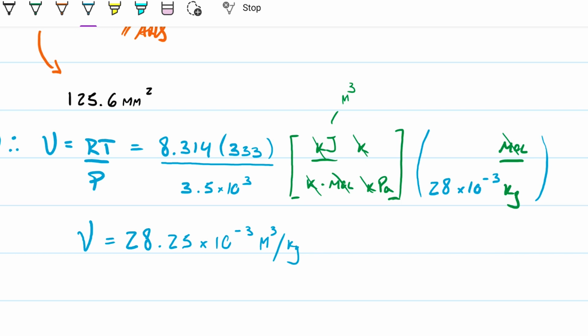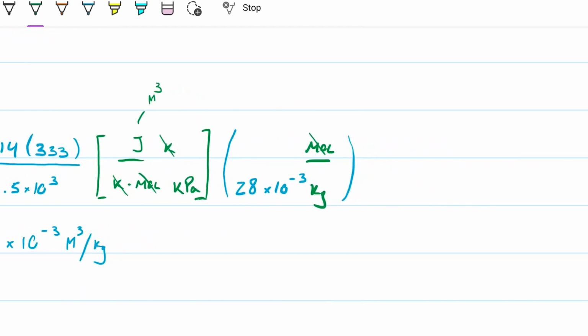What else do we need here? My mistake. This 8.3, that's joules, not kilojoules. That's joules per Kelvin per mole. So we still have that kilo there. And because of that kilo, I need to remove that kilo, and for that I need to do another step here, which is to say that 1 kilojoule is the same thing as 1,000 joules.